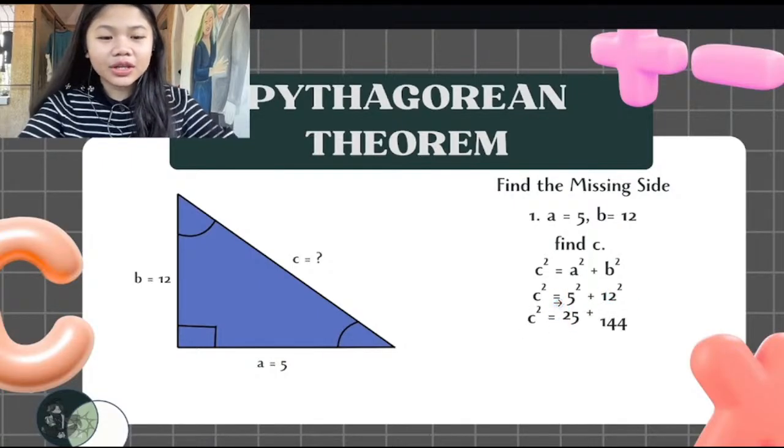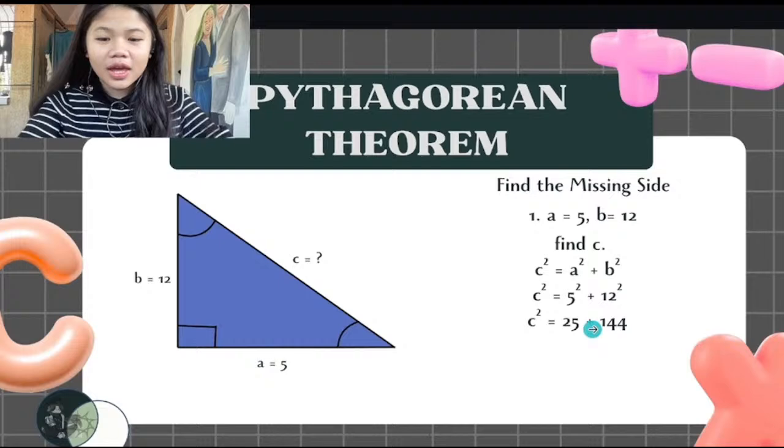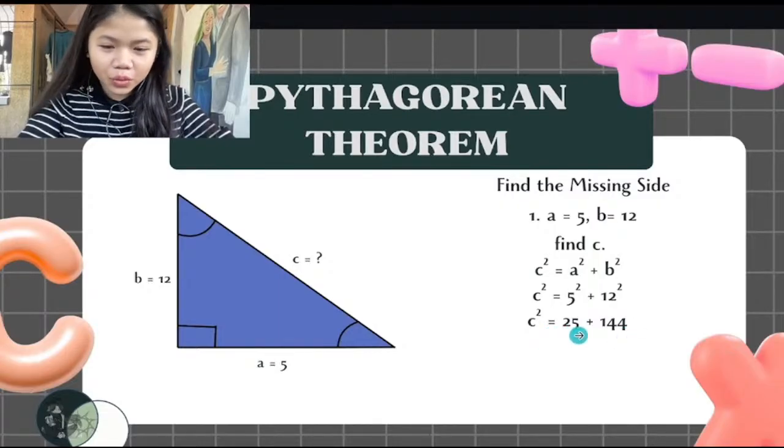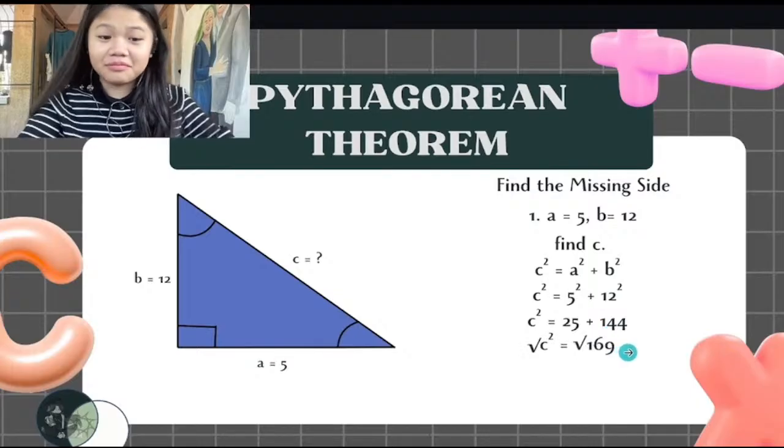So 5 squared is 25 and 12 squared is 144. So after substituting, we simplify. c squared equals 25 plus 144, so c squared equals 169.